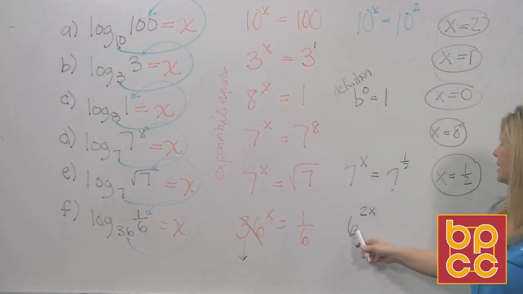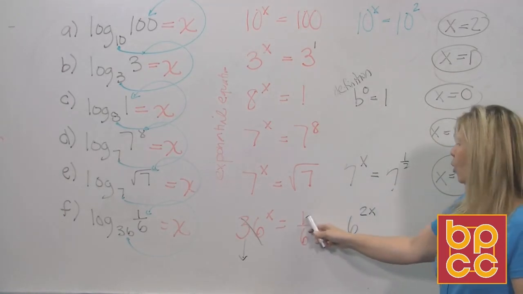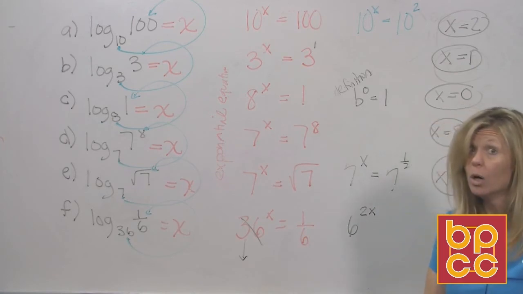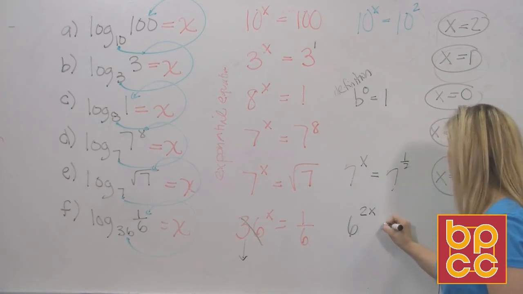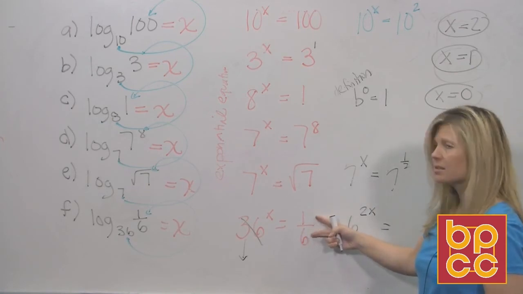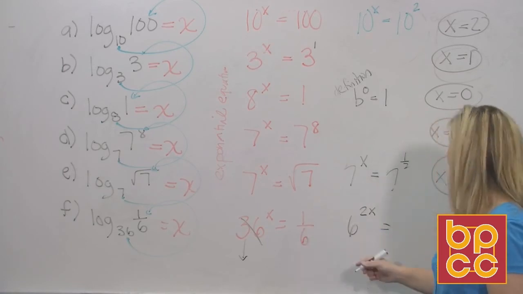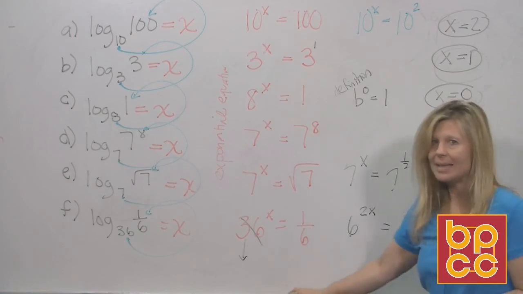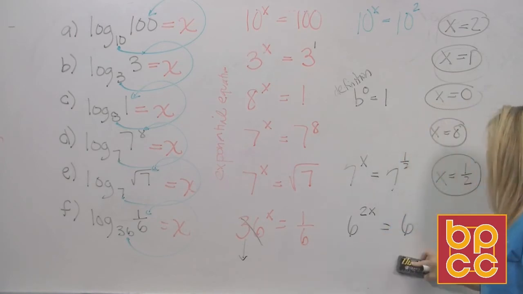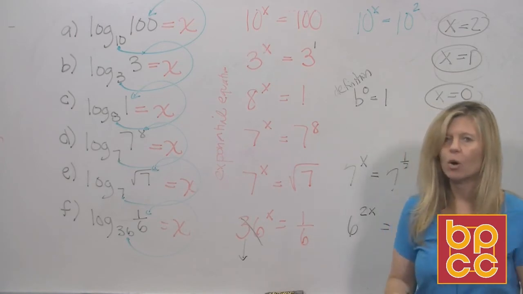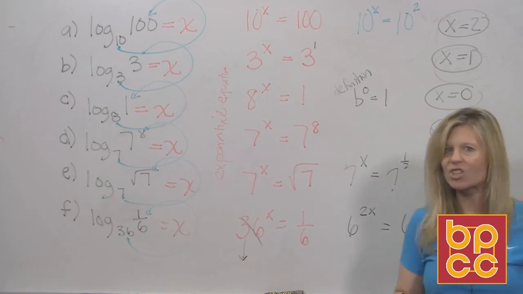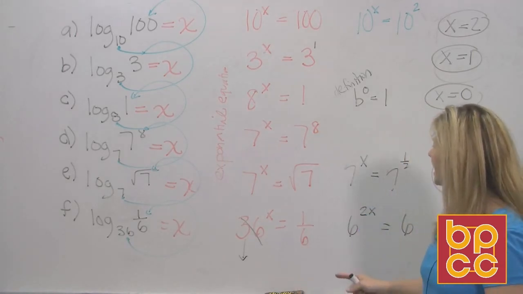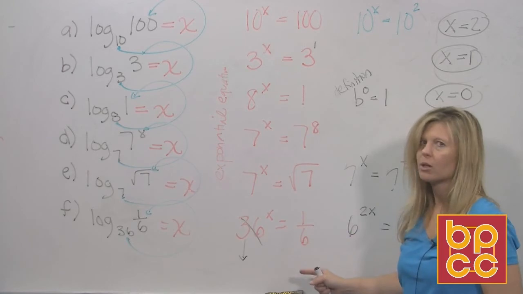Now, is 6 exactly like 1/6? No, but we already talked about this in Module 11. We could take this fraction and flip it, bring the 6 to the top, the 1 to the bottom. And now they would both be 6s. But when you flip a fraction, whatever exponent's connected to that fraction is going to change. Now you're going to say, well, Miss Black, there is no exponent. Sure there is.